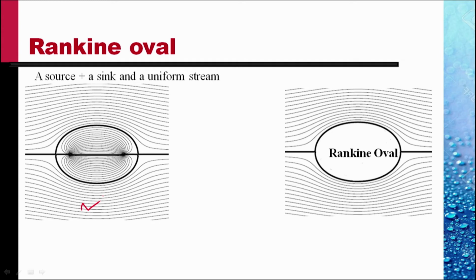This closed streamline, which is shown as a dark oval, now can be replaced by the surface of a body termed a Rankine oval, and the potential due to a source and a sink separated by a distance and superimposed by uniform flow then predicts the flow about the Rankine oval.